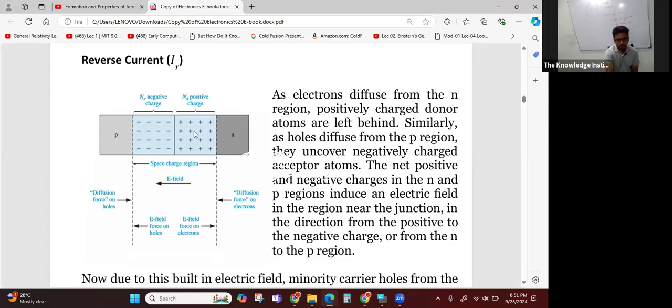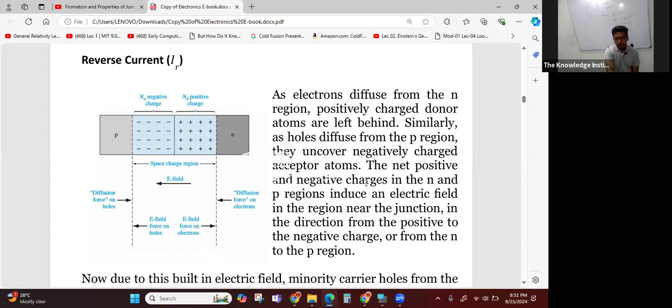So positive charge donors will be there. Similarly, as holes diffuse from the P region, they uncover negatively charged acceptors.